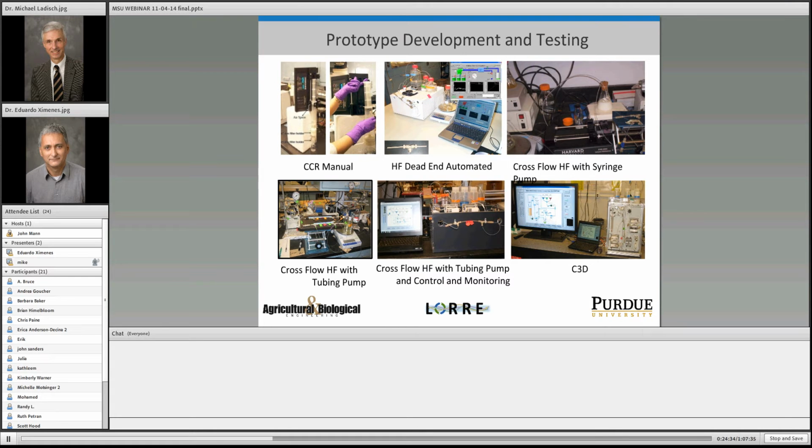We then moved to using hollow fibers in a dead-end configuration, and we started to automate the process, and that is the middle panel on this slide.